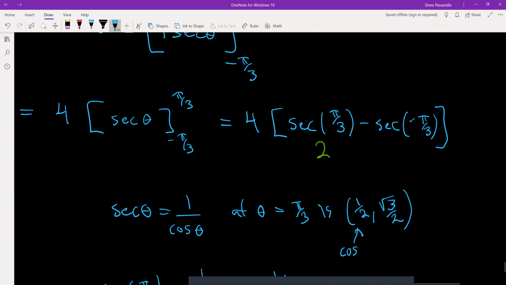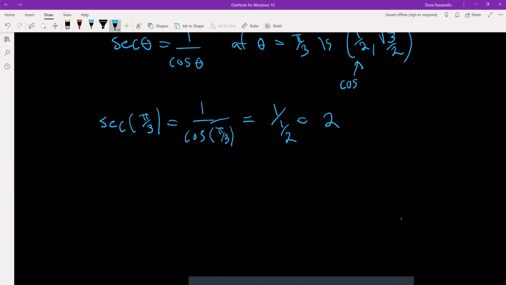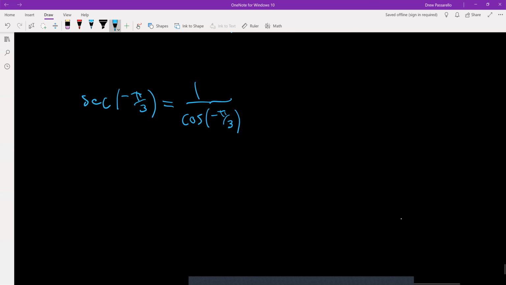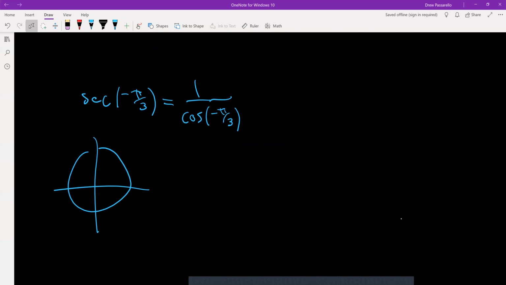Secant of negative pi over 3 is 1 over cosine of negative pi over 3. If you look at the unit circle, going negative pi over 3 is clockwise. It's equivalent to the counterclockwise amount of going 5 pi over 3. So what I'm saying is, going clockwise, that's negative pi over 3.